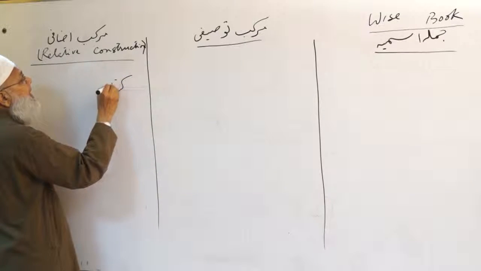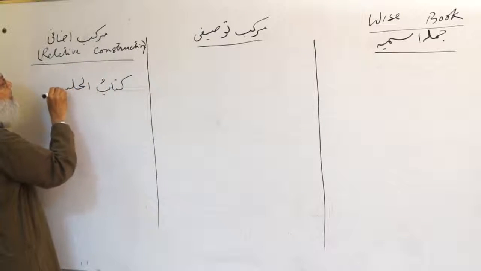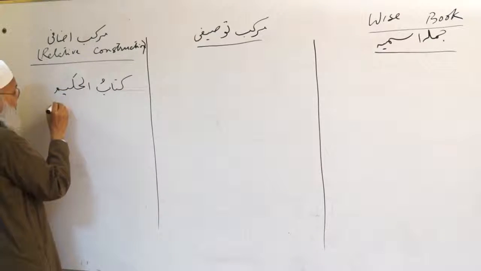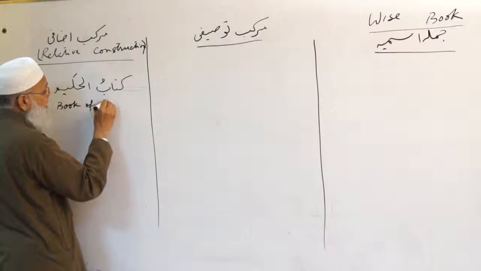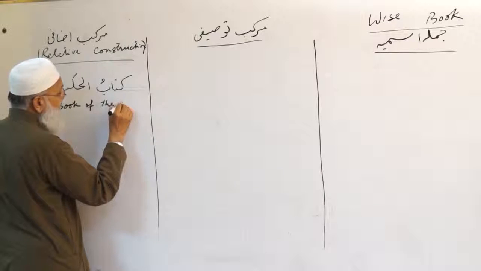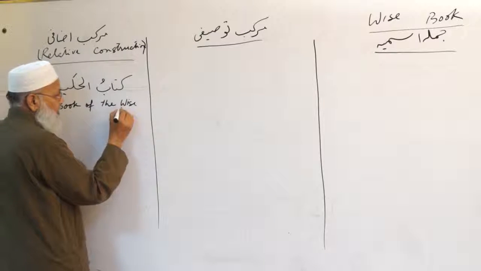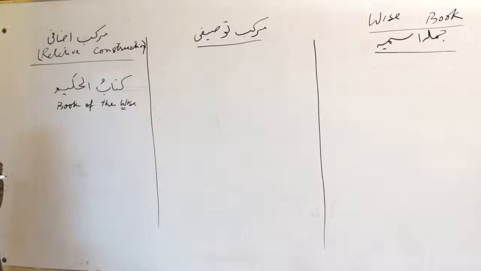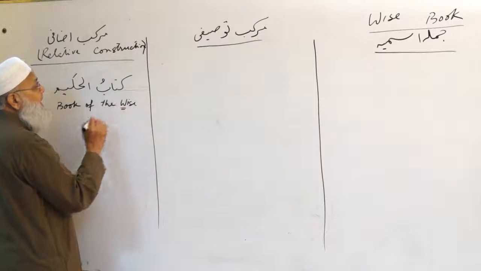First we write Kitabul Hakimi. This means book of the wise. This capital letter shows that this wise means Allah subhanahu wa ta'ala, book of the wise.